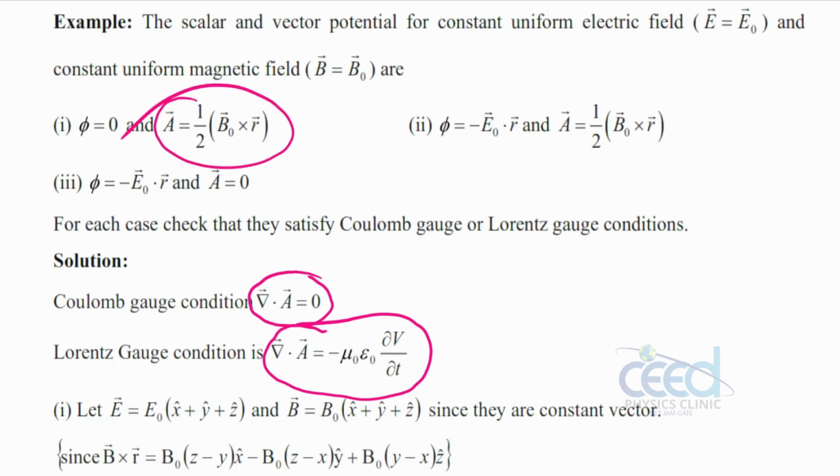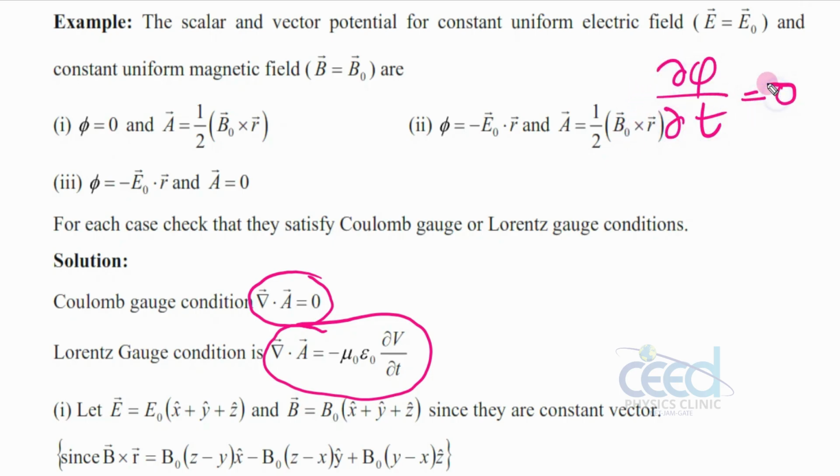First I am checking, the remaining you can do in the same way. Here phi is 0 given, then definitely dou phi by dou T is equal to 0, right?